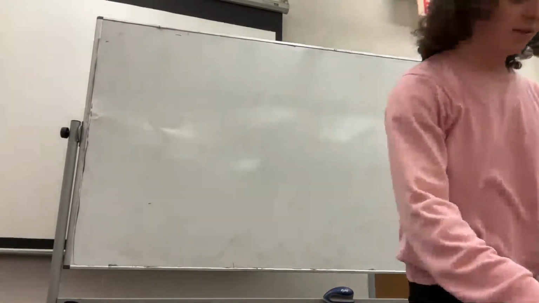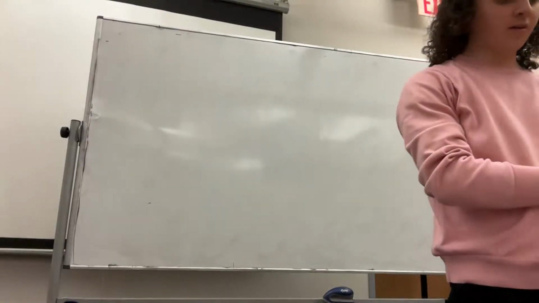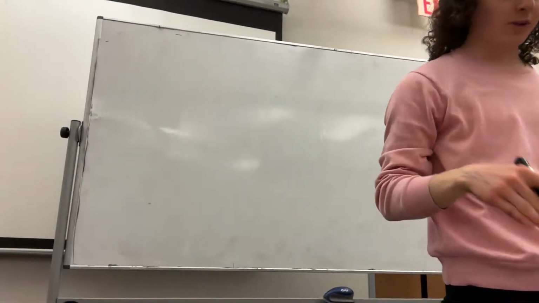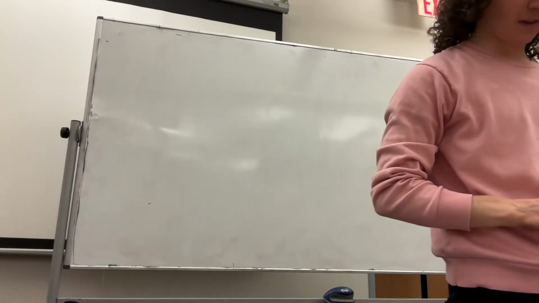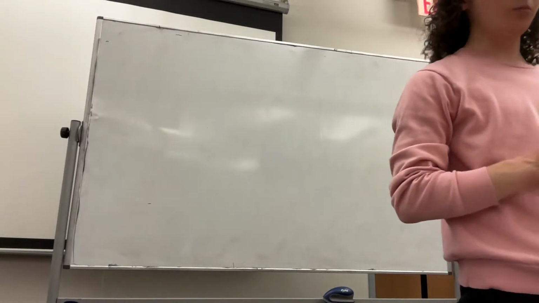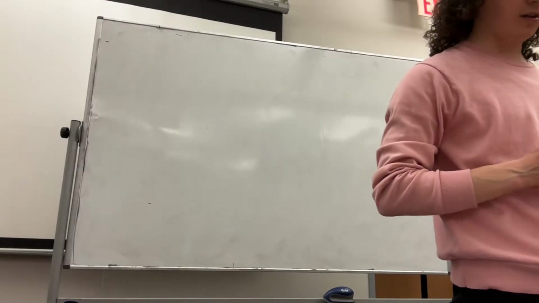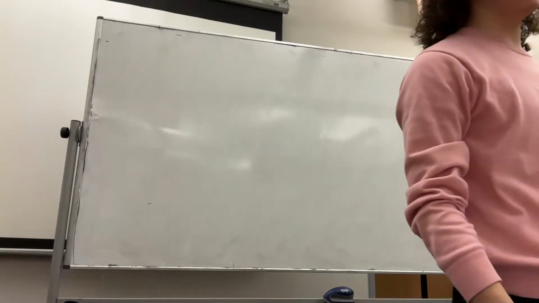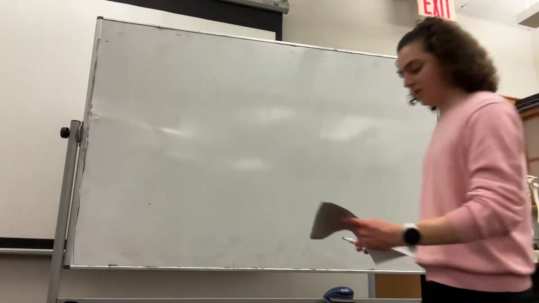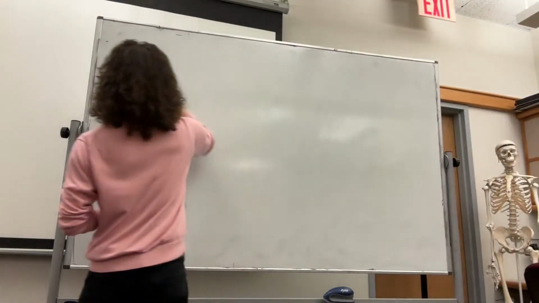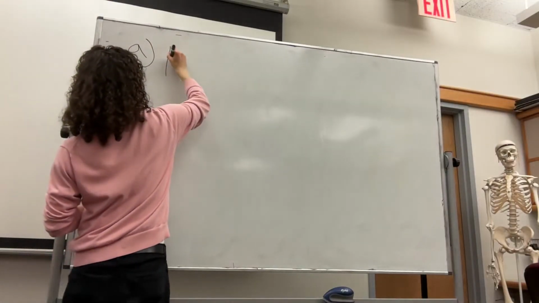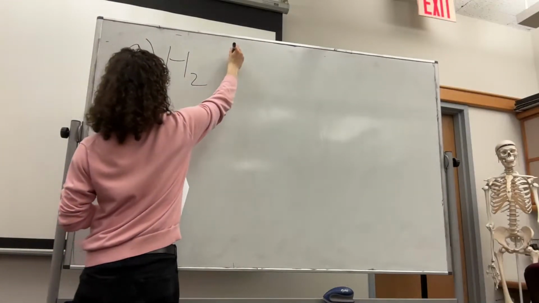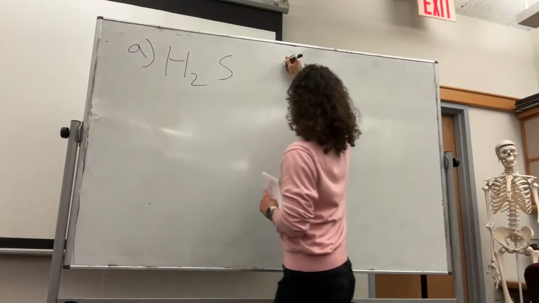So I'm going to put up compounds on the board. We're going to say which intermolecular forces apply and talk about why that is. We're also going to do the molecular geometry for each of the compounds that I put up. A is H2S.